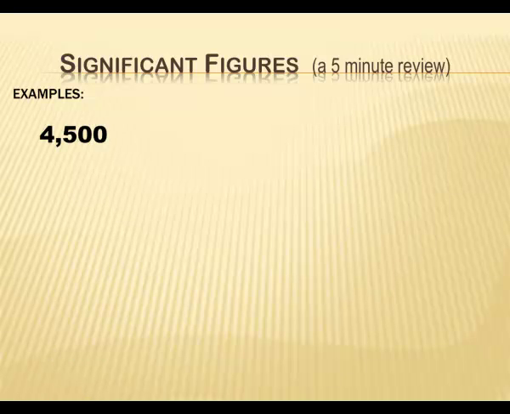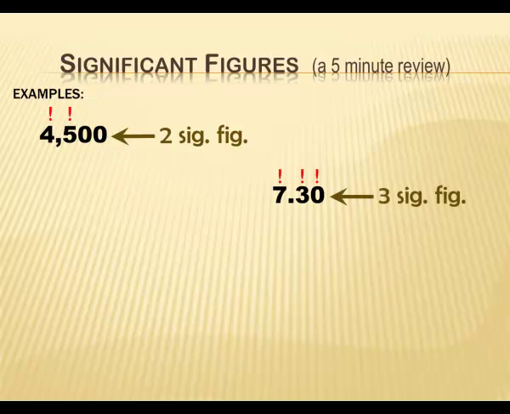4,500. How many significant figures? Well, the zeros are to the right without a decimal point, so only the 4 and the 5 count for 2 sig figs. How about 7.30? How many significant figures? The 0 is to the right, but there's a decimal point, so it is included. 3 significant figures. How about this number with zeros to the left and zeros to the right?